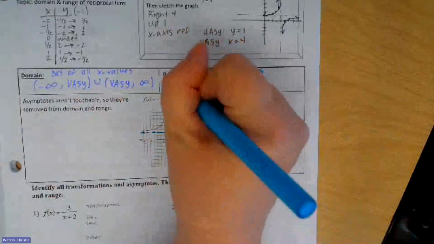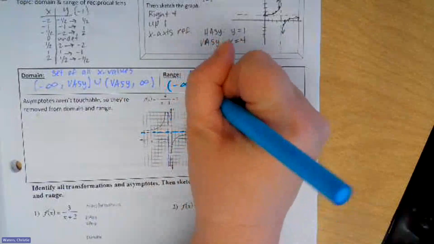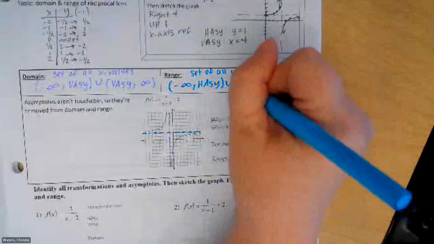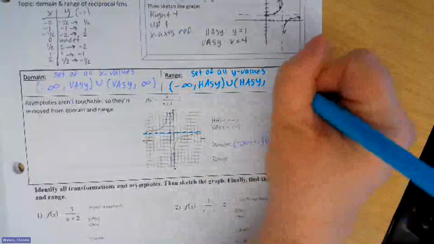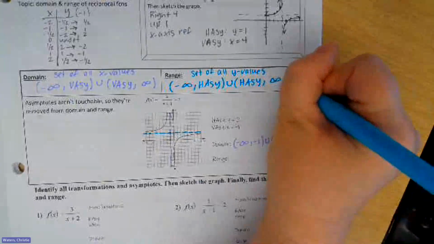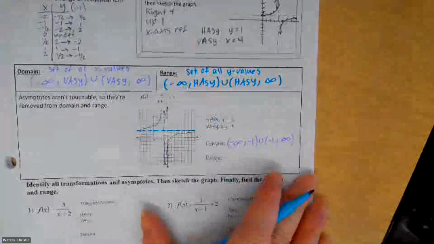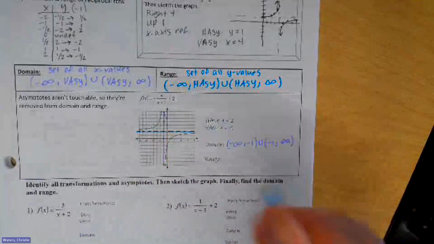So we're going to have a -infinity to the horizontal asymptote, union, and then pick up again at the horizontal asymptote onto +infinity. So this horizontal asymptote is 2.